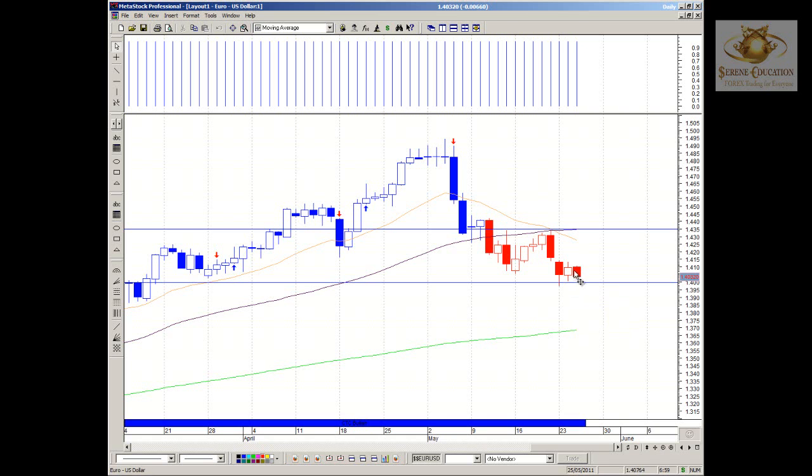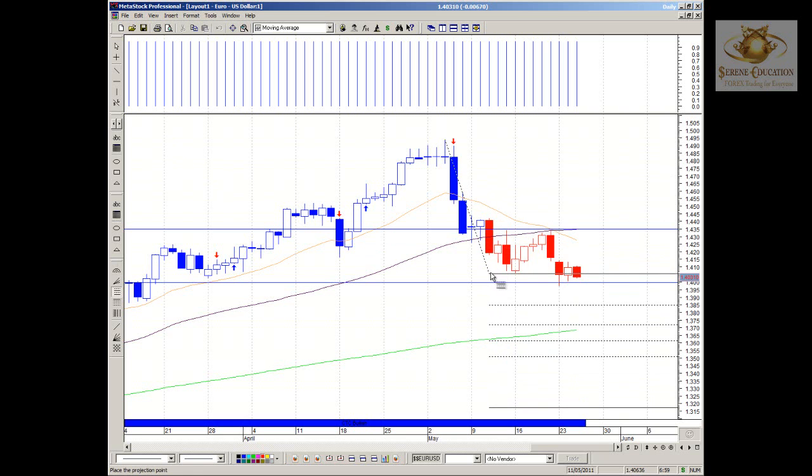If we see the daily candle break and close lower, as it did prior but didn't hang, if it closes lower than the 1.4000, then we'll definitely get a confirmation of further negativity in this particular pair, and we should see further extensions to the downside.